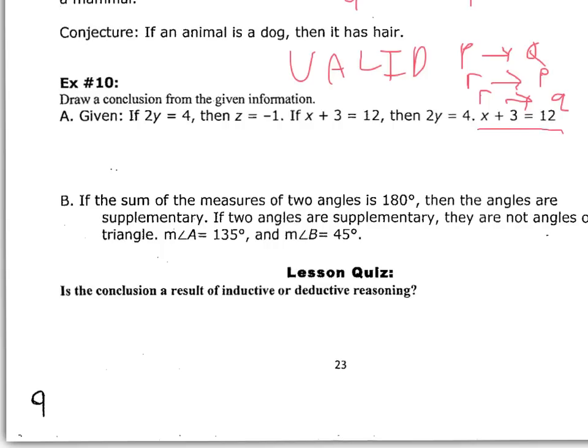So since x plus 3 equals 12, we know that 2y equals 4. And since 2y equals 4, we can deduce that z equals negative 1. So the result we draw from this given information is that z equals negative 1. Sometimes you're just going to have to read them carefully and see what it's wanting from you.